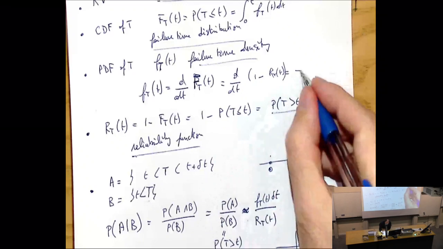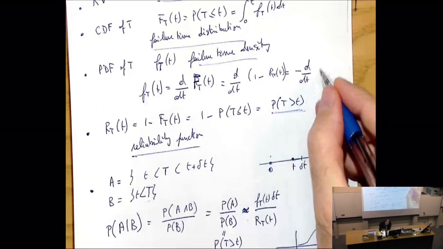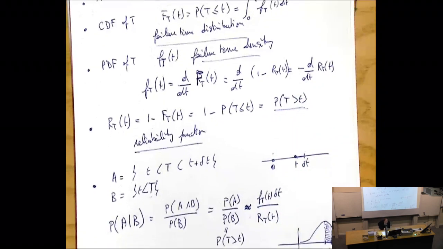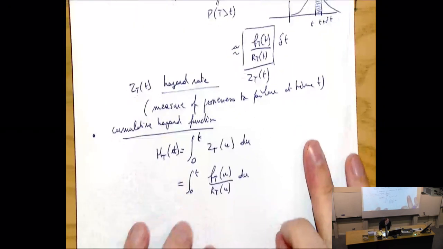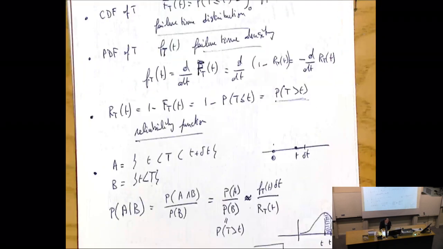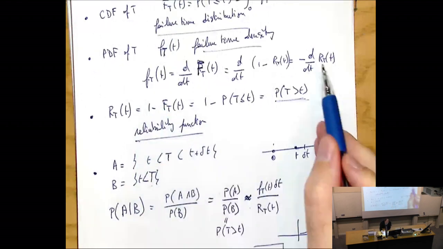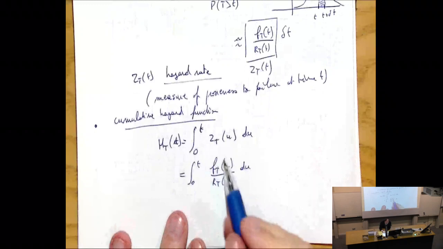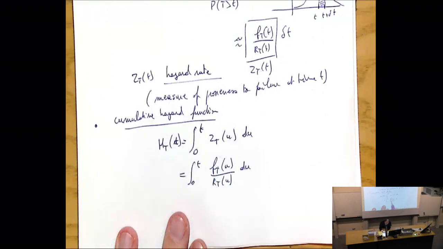And so this is minus the derivative with respect to t of the reliability function. So we have a relationship between f of t and R of t, so that f of t is minus the derivative of R of t.